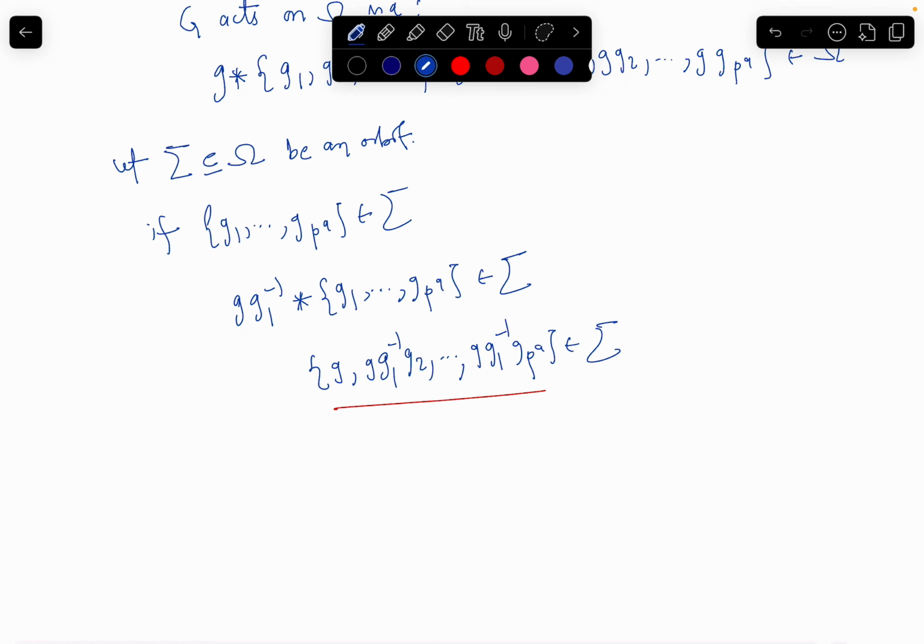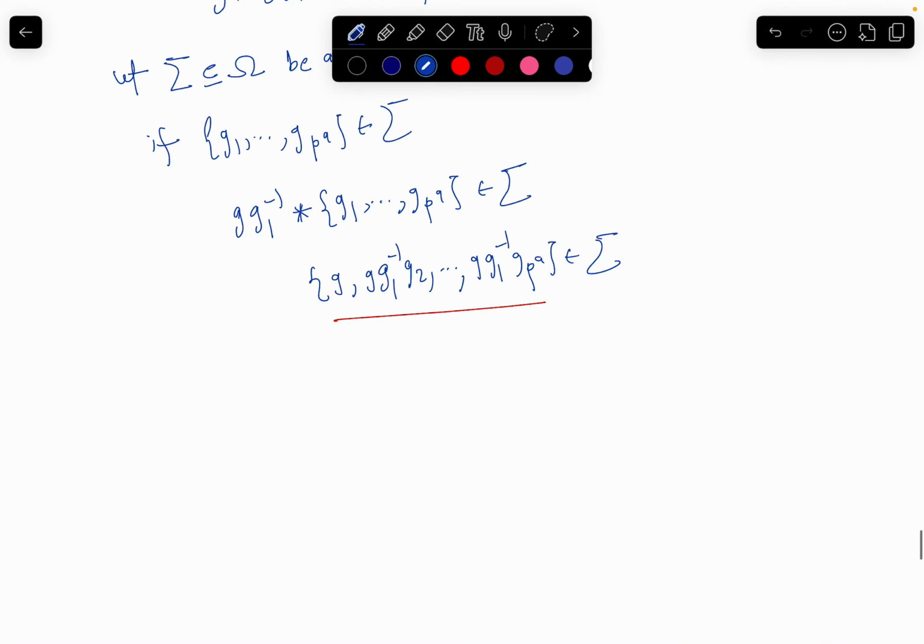How many elements are there in sigma? That is something that we wanted to say now. So the number of elements in sigma, since every element is distinct, the number of elements of sigma is at least the number of elements of G, and each of these has p power a elements, that's p power a, so that is m.